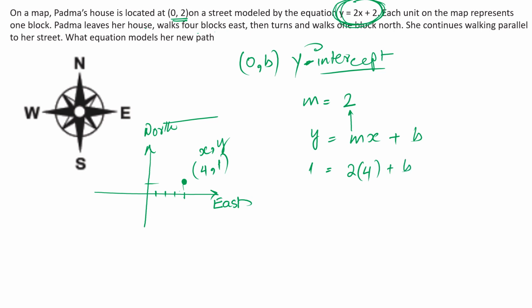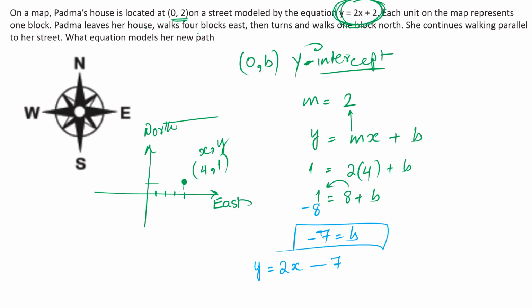Keep the b as it is. So you will get 1 equals 8 plus b. Bring the plus 8 to the other side. It will give us negative 8. And 1 minus 8 gives us negative 7 equals b. Now write the equation by replacing m by 2 and b by negative 7. So this is the equation of our second line.